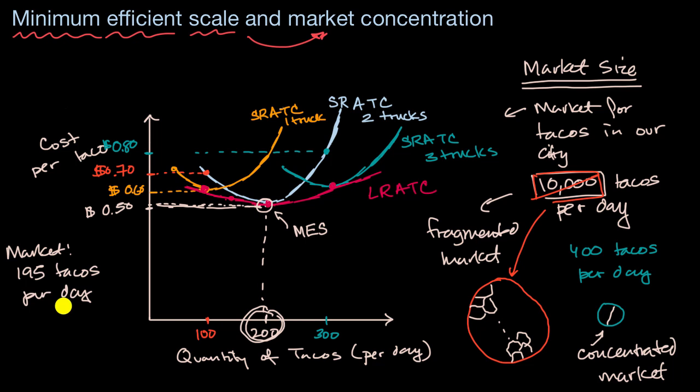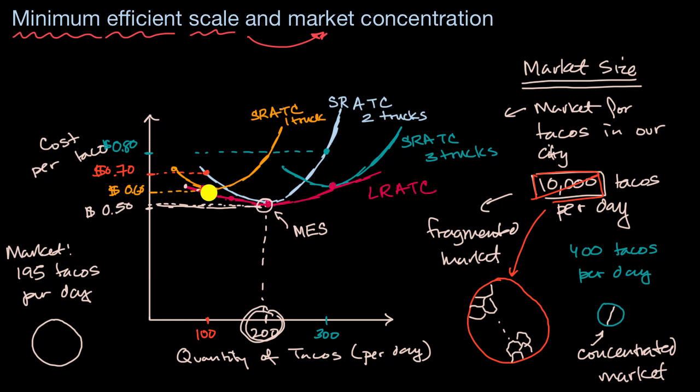Well, in that world, whoever can get to 195 tacos is going to produce most efficiently. They're not even getting to the minimum efficient scale, but the closer that you can get to that number, you're going to have the lowest long-run average total cost of production. And so it's going to be very hard for anyone else to compete with you, especially if you're taking up most of the market. No one else is going to be able to get to scale.